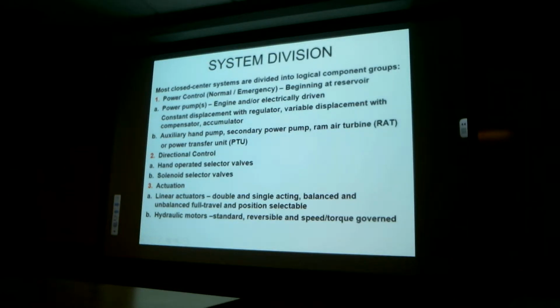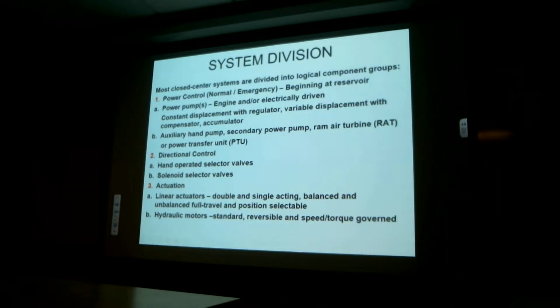Some of them are reversible. For example, if we've got a stabilator that would be hydraulically controlled, a lot of the stabilator actuators are driven by a hydraulic motor that's reversible. And some of the hydraulic motors are also speed or torque governed. Some motors use a flow regulator at the inlet of the device in order to control system flow, so that controls the speed of it.